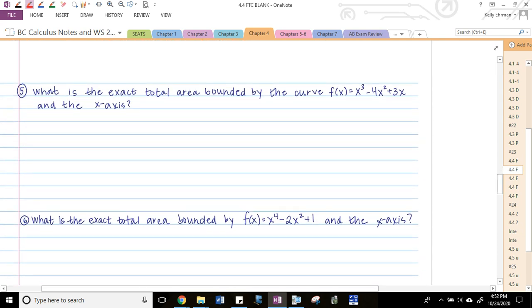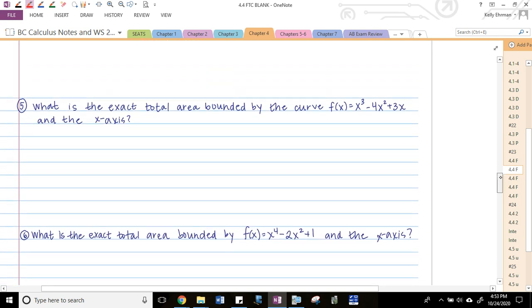What is the exact total area bounded by the curve f of x equals x cubed minus 4x squared plus 3x and the x-axis? So if we're talking about total area, then we need to think about where it is positive and negative. Now, if this were a graph, I want to show you on the calculator first.